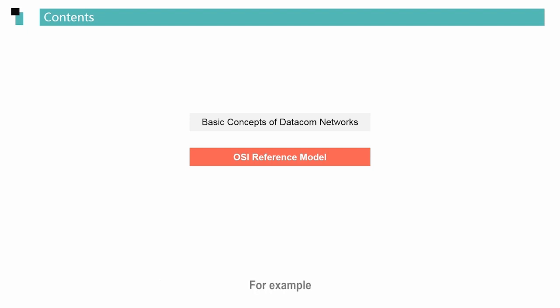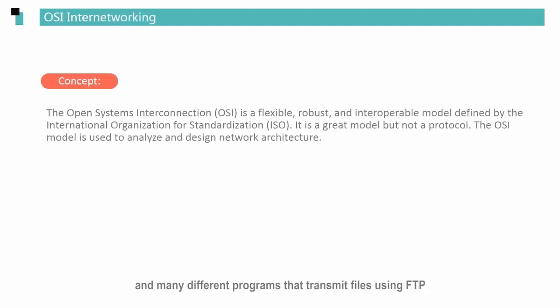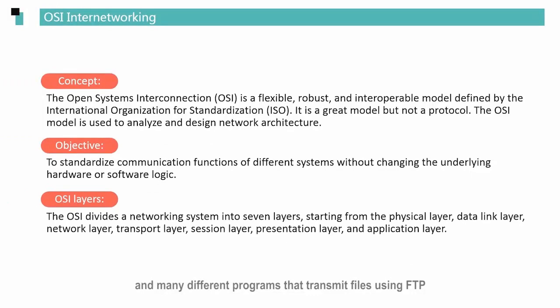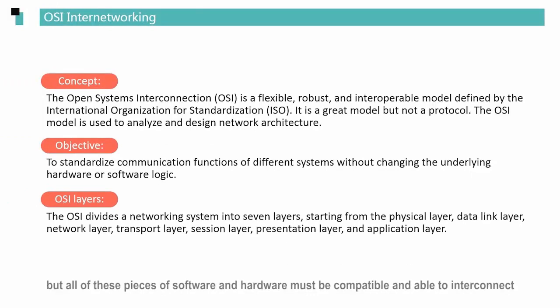For example, there are many different manufacturers that make network interface cards, and many different programs that transmit files using FTP. But all of these pieces of software and hardware must be compatible and able to interconnect. This system is fundamental to allowing the rapid development of communications networks.